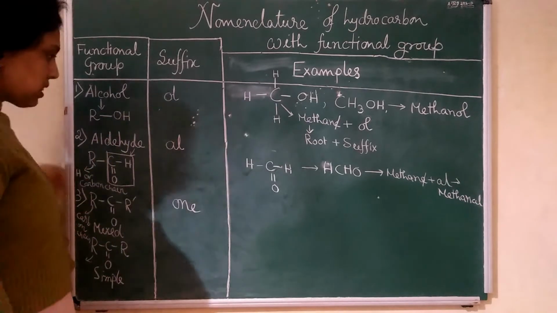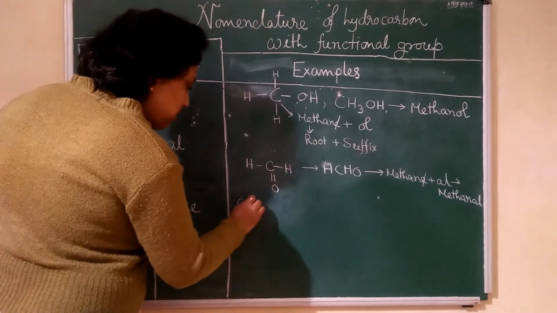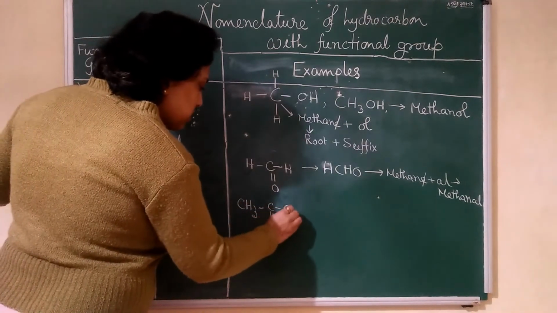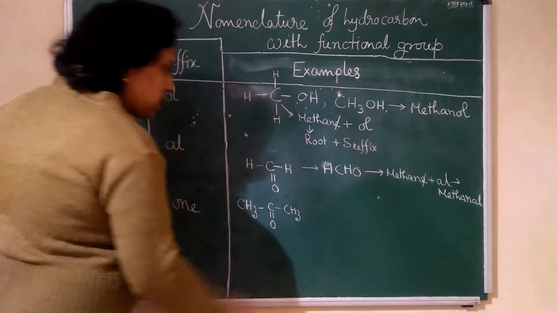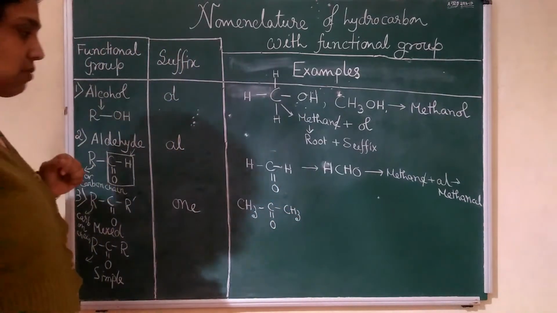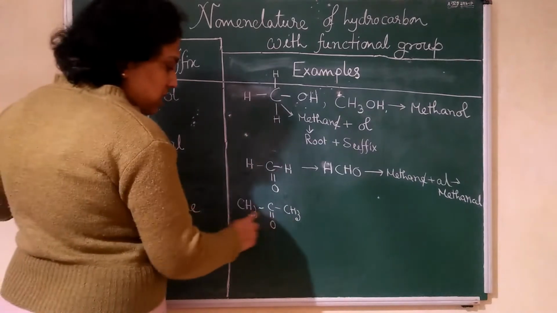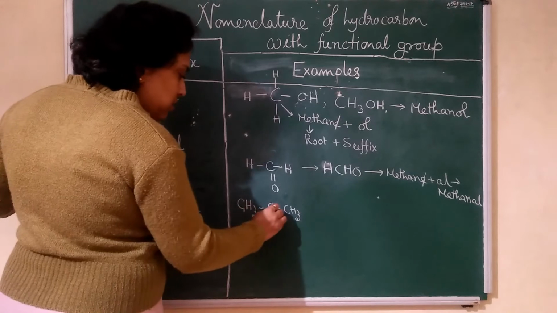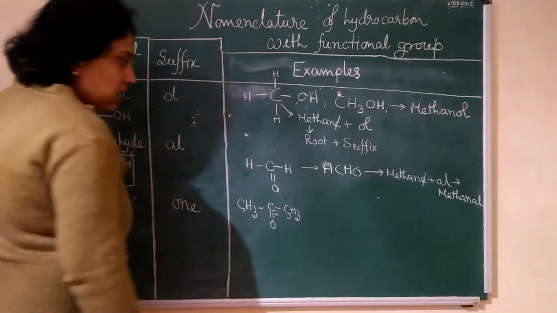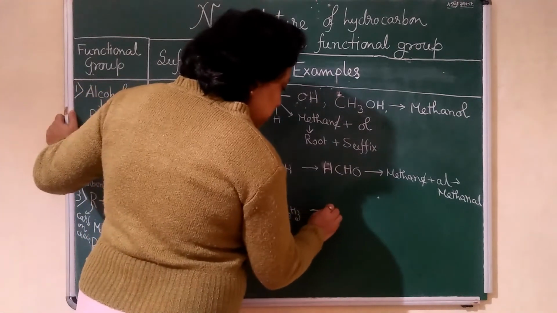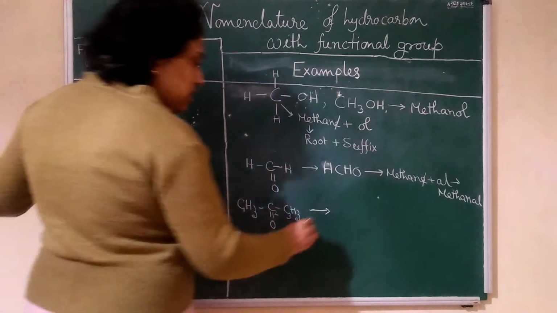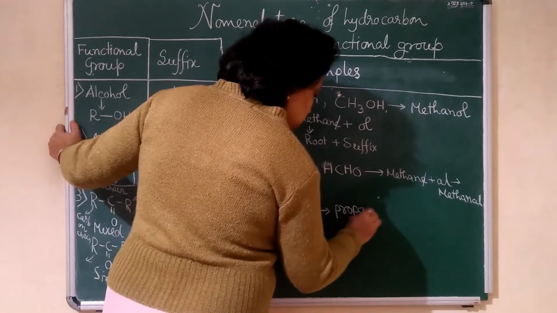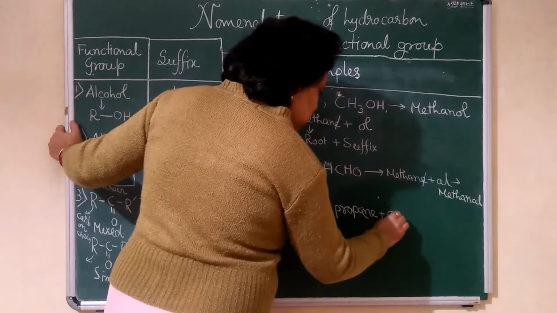What example will I write? If both sides are the same, both sides CH3, now I am writing directly the condensed formula, not the structural formula. Both sides are CH3. So how many carbons? This is 1 carbon, 2 carbon, 3 carbon. If it is 3 carbons, then it is propane plus one.